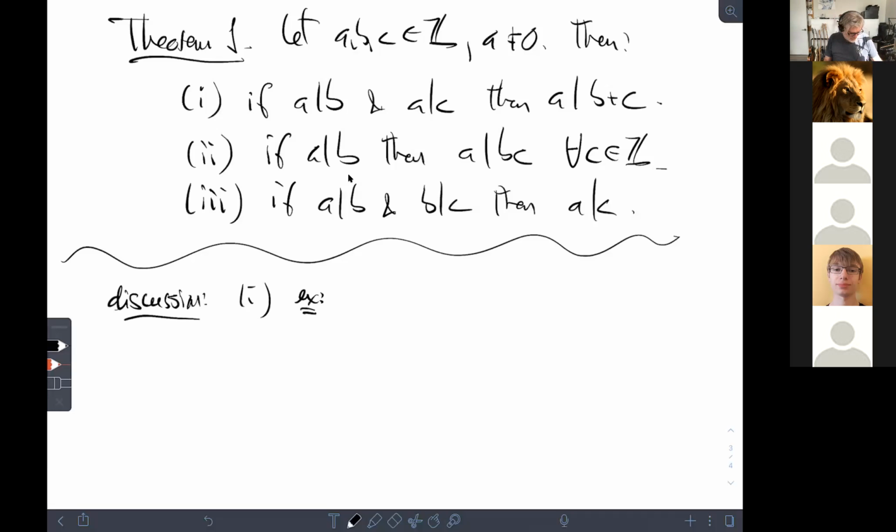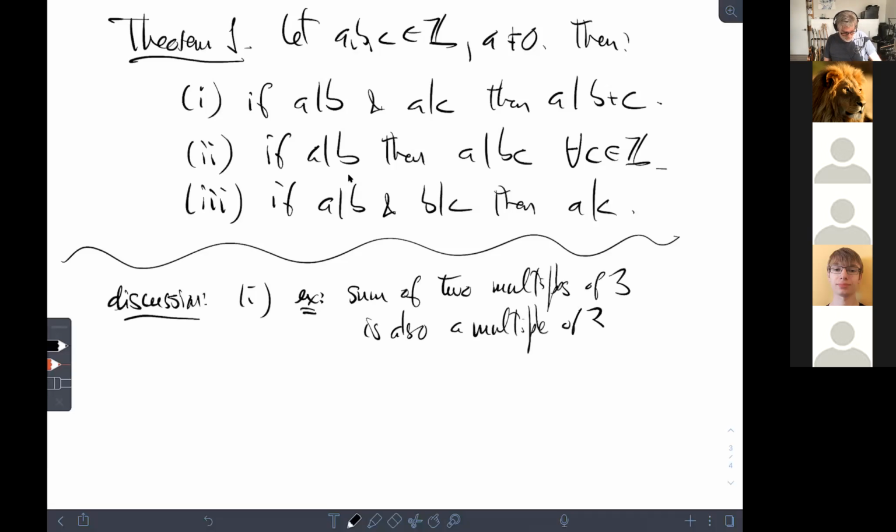If you have two multiples of 3, then their sum is also a multiple of 3. This is to illustrate what this says.